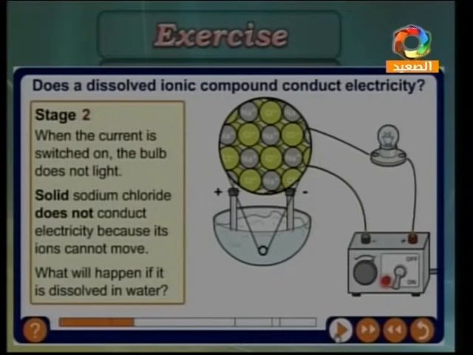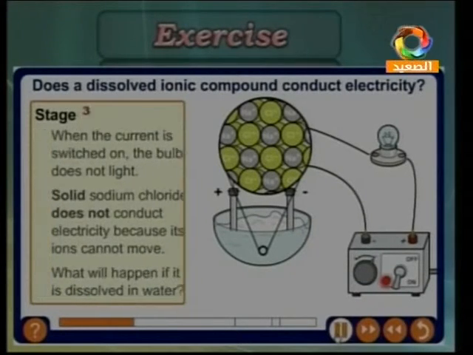Why? Because these ions are connected to each other very strongly, so they cannot move in the solid. So any ionic compound in the solid state cannot conduct electric energy.